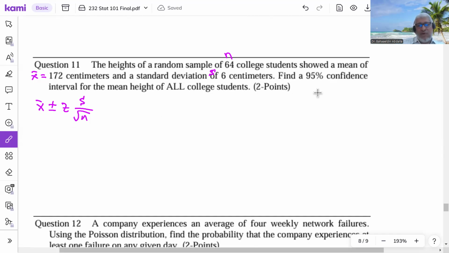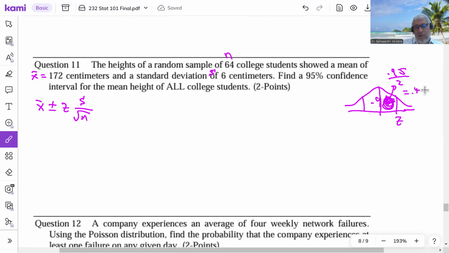So Z is the critical value. Here he's asking for 95%. A 95% confidence interval means this area is 0.95. I need to find this Z. It would be enough if I find this area, because the table gives me this area and Z. So 0.95 over 2, or 0.475.